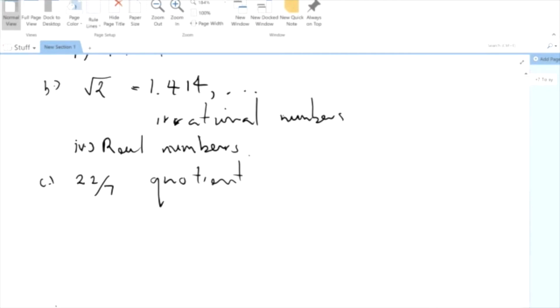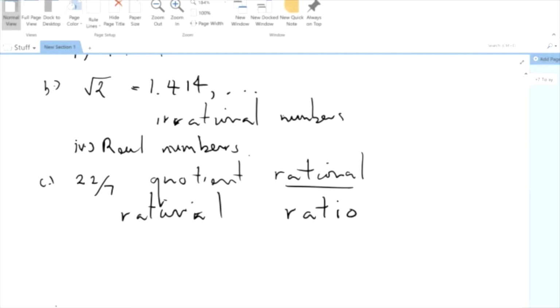Another word for that is a rational number. And just as a side note, people normally call this a rational number. The real pronunciation is ratio-nal, because it comes from the fact that it is a ratio.